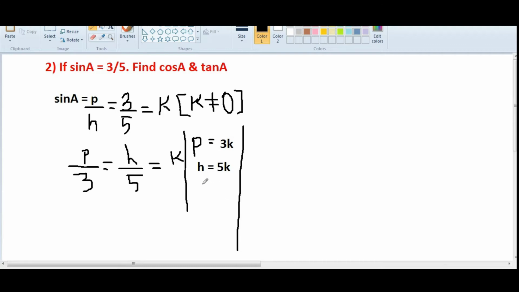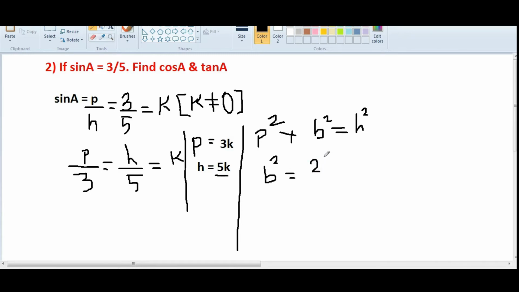Now perpendicular and hypotenuse we have got, we have to find the base. So we all know that perpendicular square plus base square equals hypotenuse square. So what will be the value of base square? It's hypotenuse square, and the hypotenuse value is 5K.